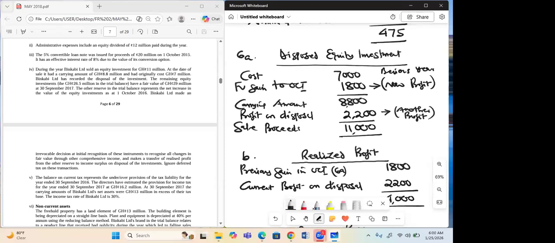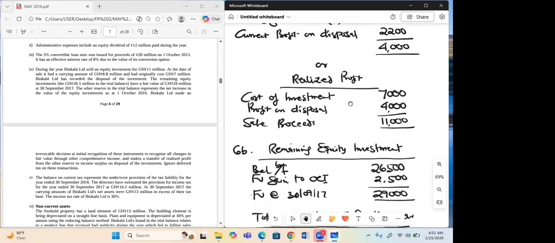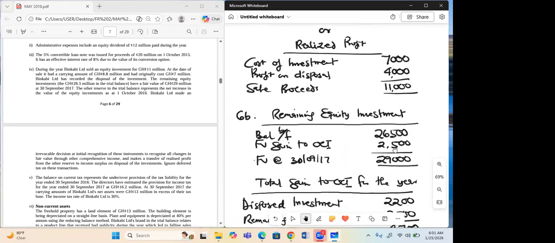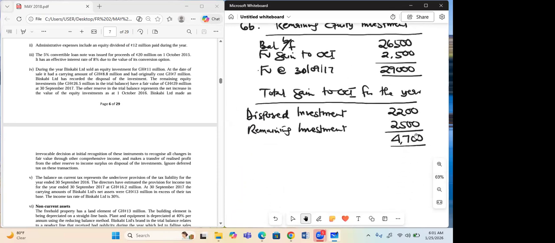So if we are doing P&L, you know P&L is profit or loss and other comprehensive income for the year. Are you getting the point? Yes, sir. For this particular year, we have a gain of 22 on the disposed one, plus another gain of 25 from the remaining one. So when we add the 22 and the 25, that will give you 47, which is the total gain for the year.